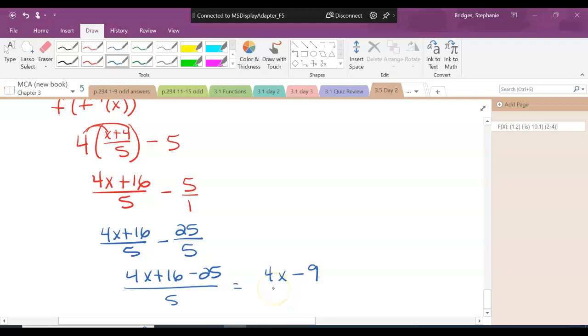Okay, I'm sitting there counting in my head, does that simplify to be x?